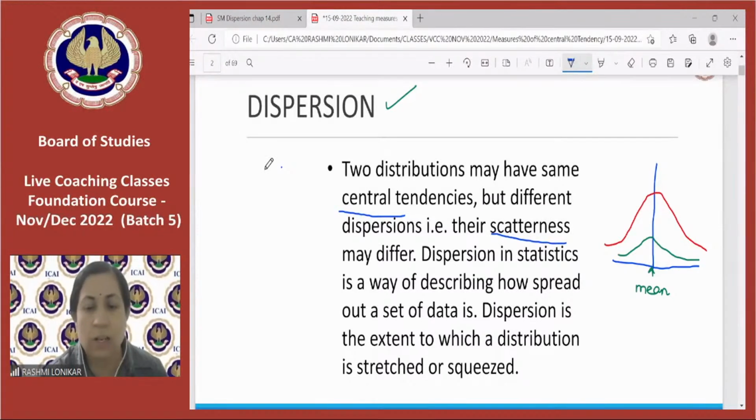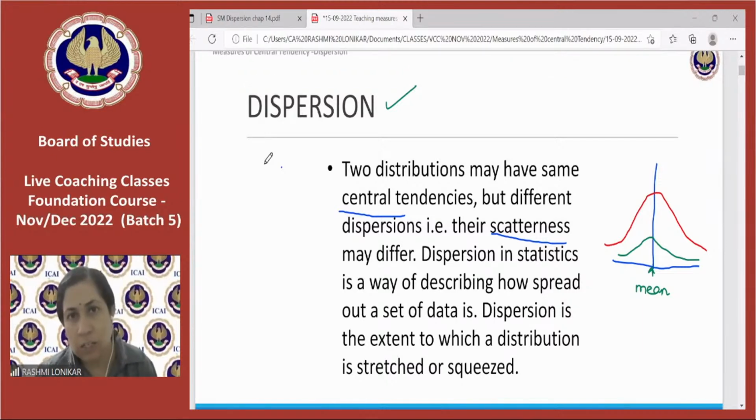What does scatterness mean? It means how stretched out or how squeezed your data is. That is known as dispersion, and it is very important when we are analyzing the data that is available to us.